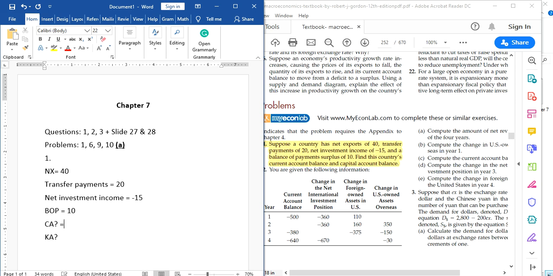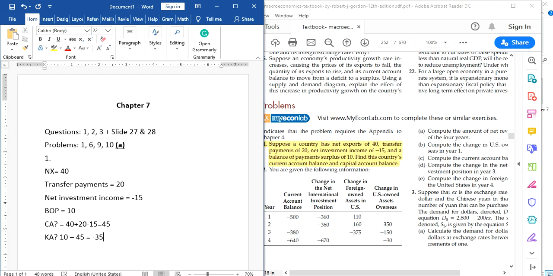Now current account equals 40 plus 20 minus 15, which is equal to 45. This equals balance of payment 10 minus 45, and that equals minus 35. Okay, that was the answer of problem 1.